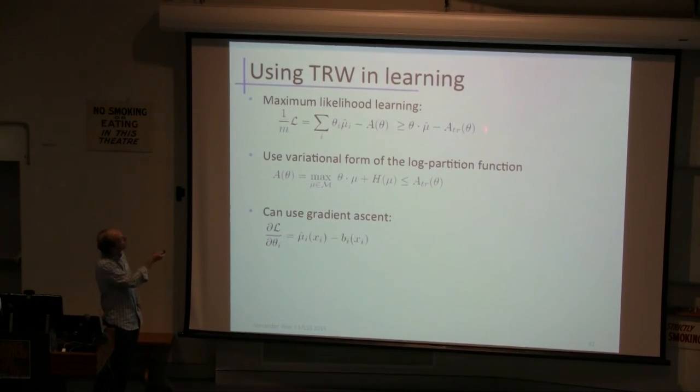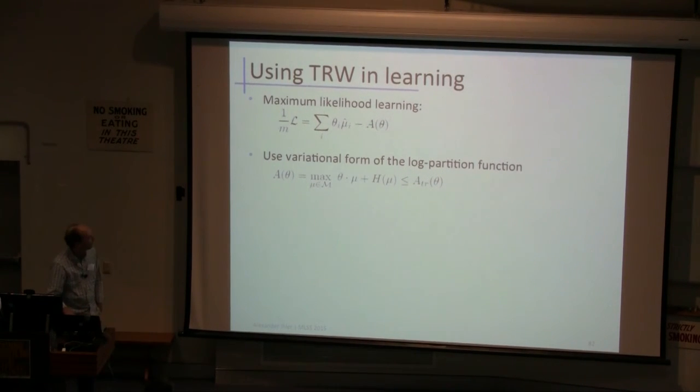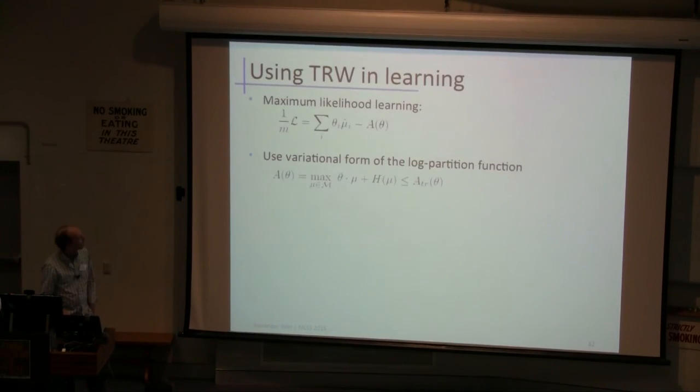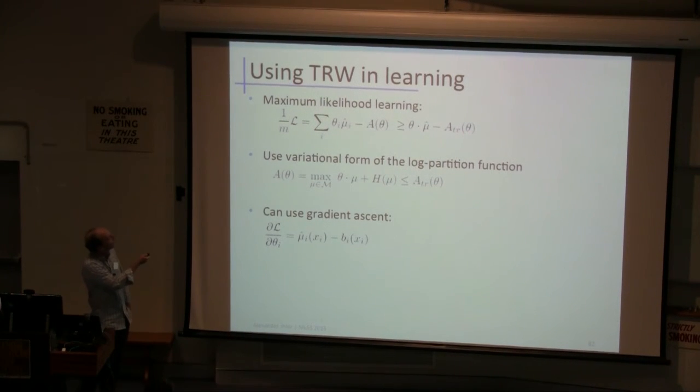And then if you use gradient descent on this, the derivative of the log likelihood will involve a term that involves the data parameters, and here the derivative of your upper bound on the partition function, which will just be the beliefs computed via this message recursion. So the fact that the derivative of the log partition function is the marginal probabilities, the derivative of this upper bound is the beliefs of the approximation.